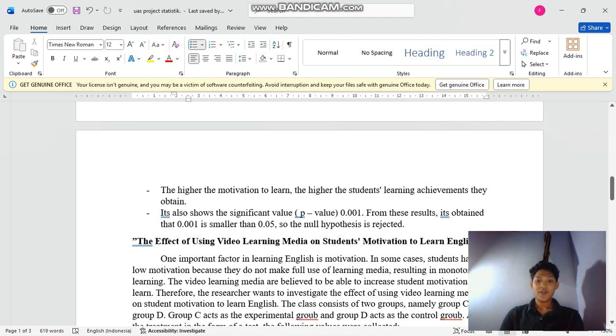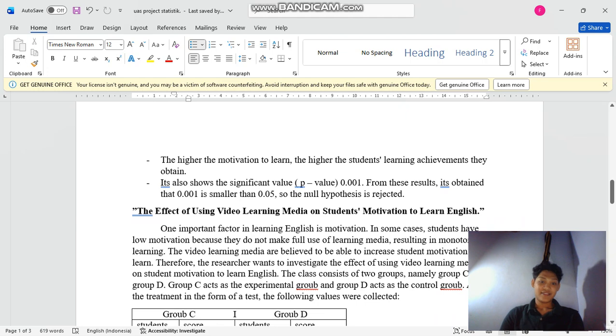And also, the significance value is 0.001, which is smaller than 0.05, the alpha, so the null hypothesis is rejected.